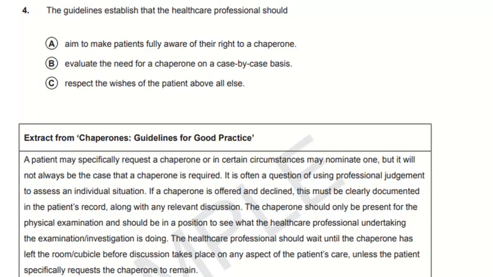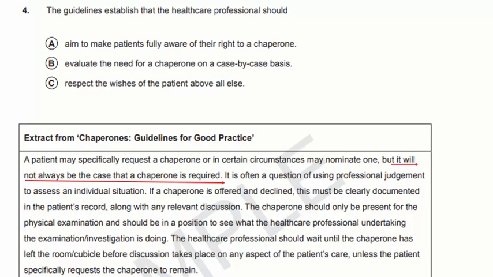This is not the case here because the text mentions that it will not always be the case that the chaperone is required.